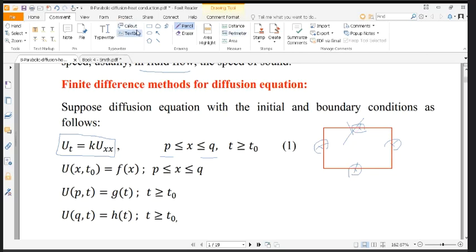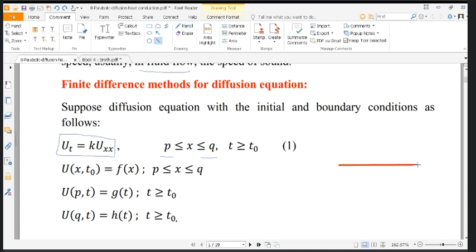So, do you understand? برای مسائل بیضوی یا الپتیک ها که ما جلسه قبل گفتیم باید 4 تا مرز داشته باشیم. ولی برای مسائل دیفیوژن ما دیگه 4 تا مرز لازم نداریم. فقط ما 2 تا مرز و یک مقدار اولیه لازم داریم. We need the initial condition.